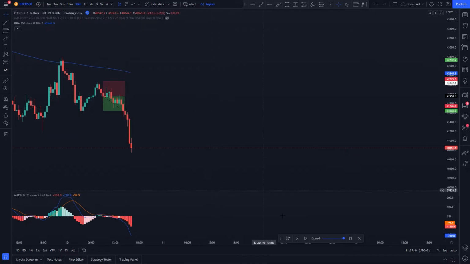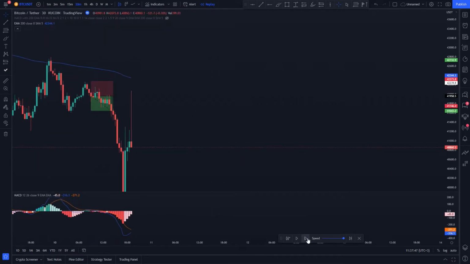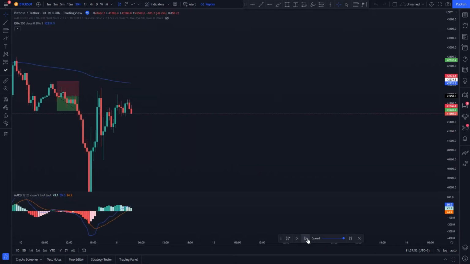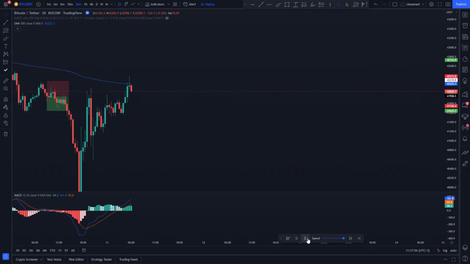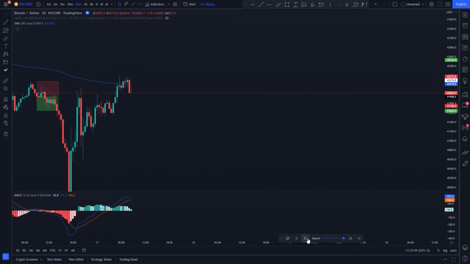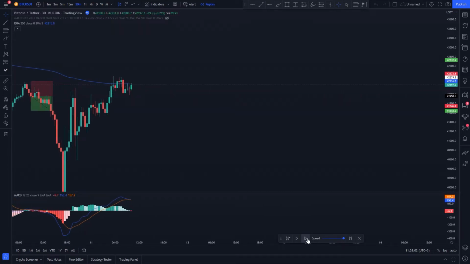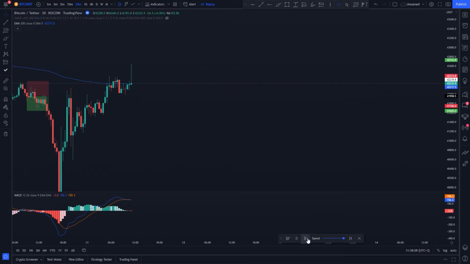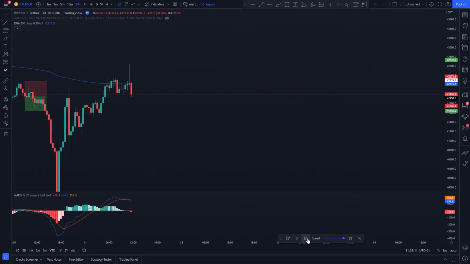Now let's continue and find some more signals. Here all conditions are fulfilled. The price must be below the 200 EMA.